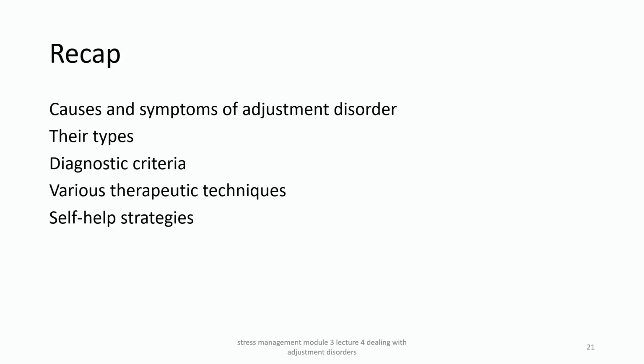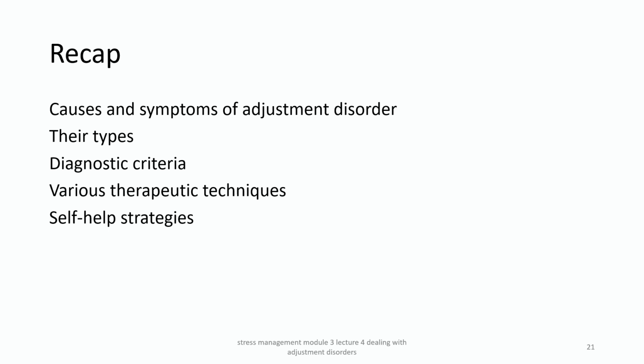So, this was all about today's lecture. Let us have a quick recap. In this lecture, we talked about the causes and symptoms of adjustment disorder, various types of adjustment disorder, including the unspecified category.